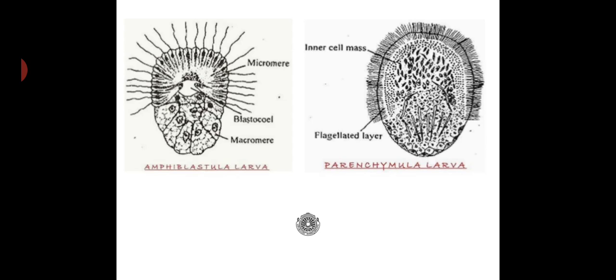And on the right hand side you observe the parenchymula larva having a number of flagella on the outer surface, and in the center there will be the inner cell mass.